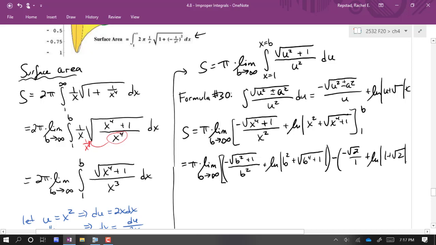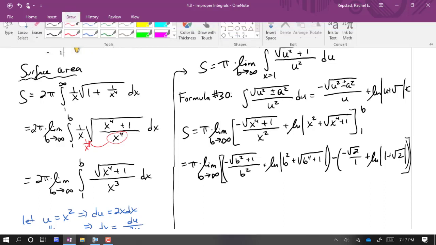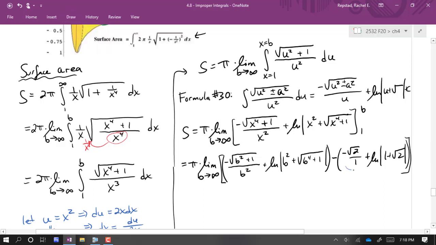So now we want to evaluate this limit as b approaches infinity. And I'm just going to note, this guy at the end, that's a constant. So I'm not worrying about that. It's just staying put wherever it is. Now, as b approaches infinity, our regular algebraic techniques can show us that this is going to approach, and I wrote something wrong here.